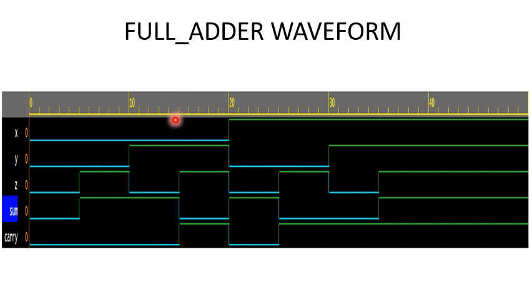Next after 5 time units, that will be at 15, 0, 1, 1. For 0, 1, 1, 2 bits are 1, so sum is 0 and carry happens to be 1. Likewise at 20, 1, 0, 0, sum is 1 and carry is 0. At 25, 1, 0, 1: 1 plus 1, sum is 0, which results in a carry.